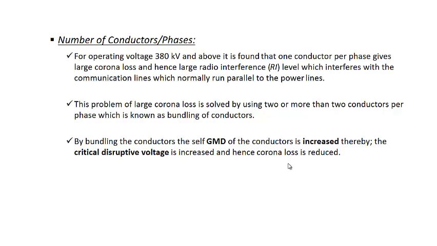By doing that, they increase the surge impedance loading of the transmission line. So these are the after effects of bundling the conductor. There is one more advantage of bundling the conductors: it also increases the stability of the system. That will be discussed when we come to that chapter.